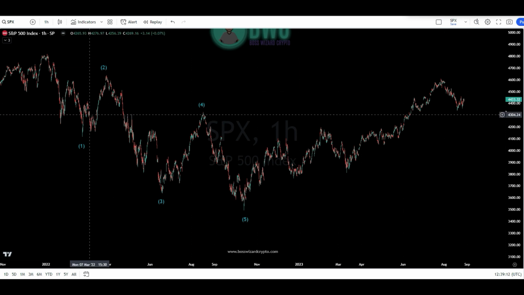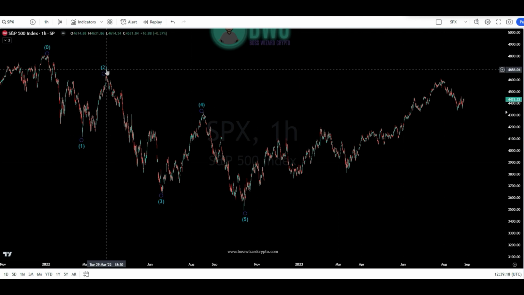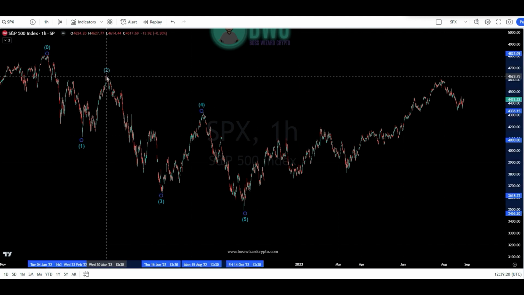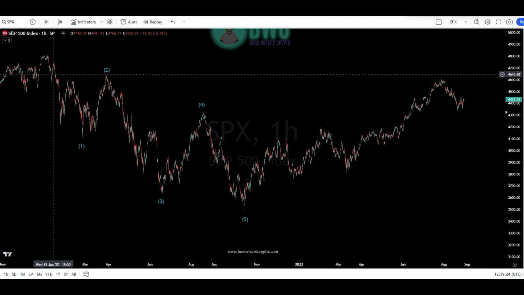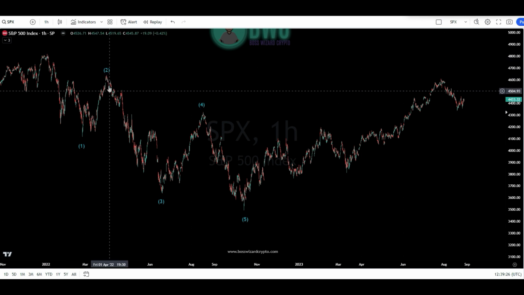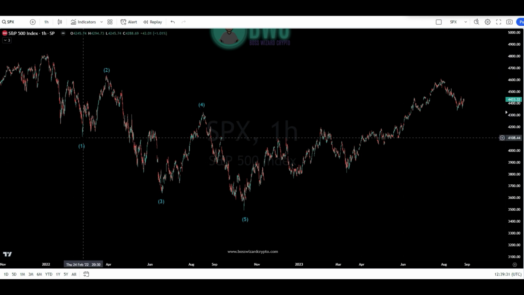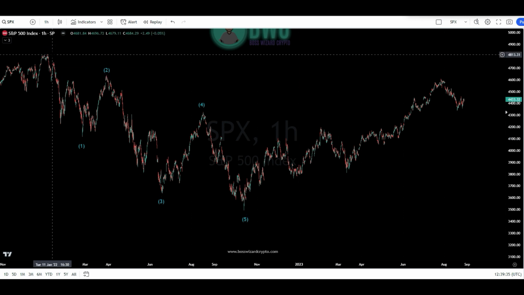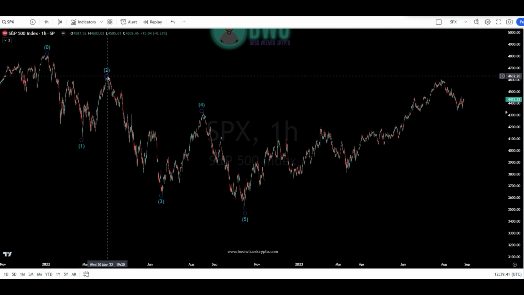I'll tell you what the hard rules are that absolutely cannot break under any circumstance for a motive wave, and this goes for diagonals or impulses. 3 cannot be the shortest. 3 must extend past the end of wave 1. 2 cannot go past the start of wave 1, and 4 cannot go past the start of wave 2.